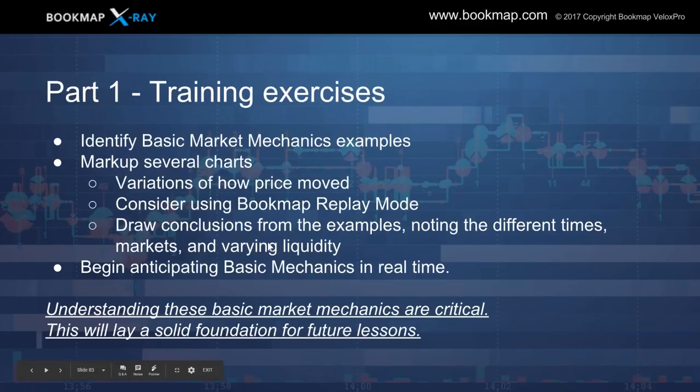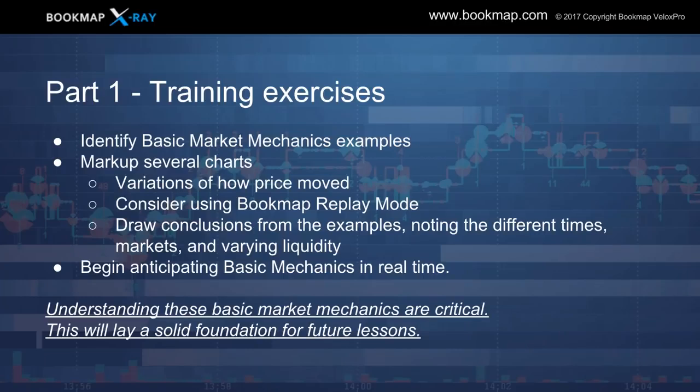All right, so let's end up here with part one, some of the training exercises. Go back and start to identify these basic market mechanics that we just covered. Start to mark up your charts. The more the better. Look for the variations in how price moved within these examples.